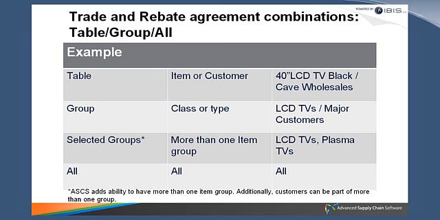And we've also allowed the ability to define a trade or rebate agreement at a selected group level. So in between a single grouping or all items, we can also just say multiple product groups. We can say these 3 selected groups are valid for this trade agreement, but of course other groups would not be. So that's an extra level of a set of relationships you can create between your products and your items.